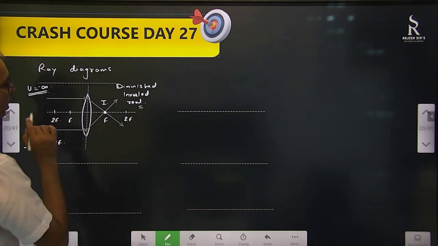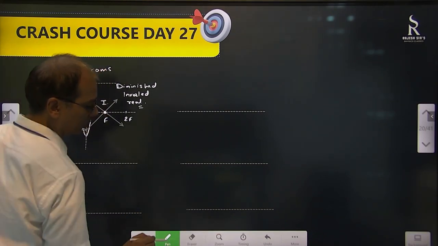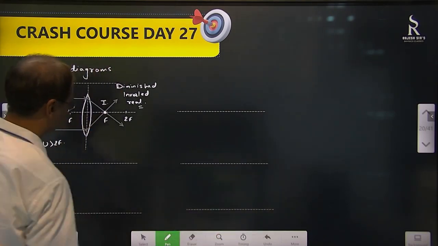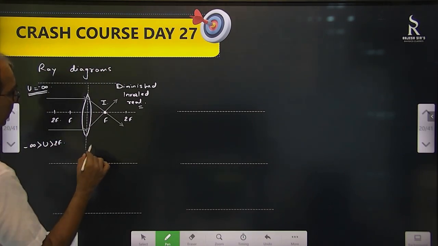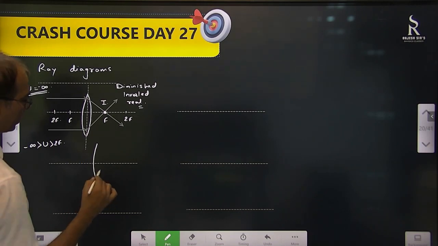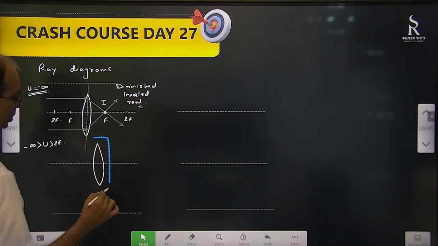So this lens, I should have copied it. This time we'll try to copy it so that we are not making it again and again. Okay, so here is your lens. Let's see if we can copy this. Yes.